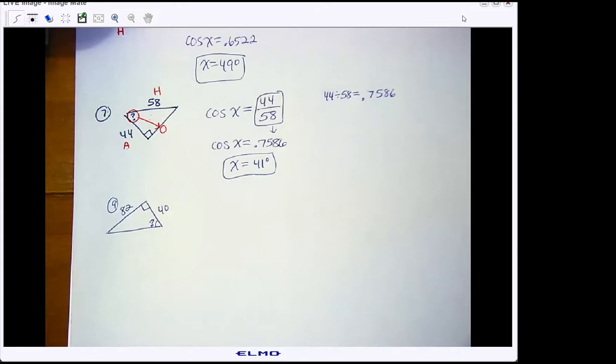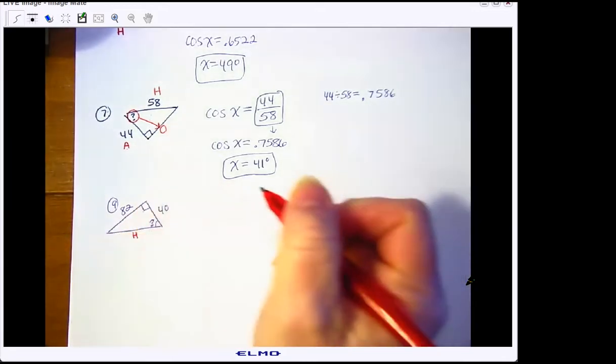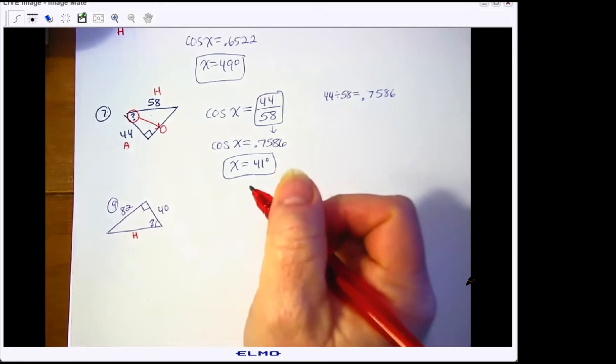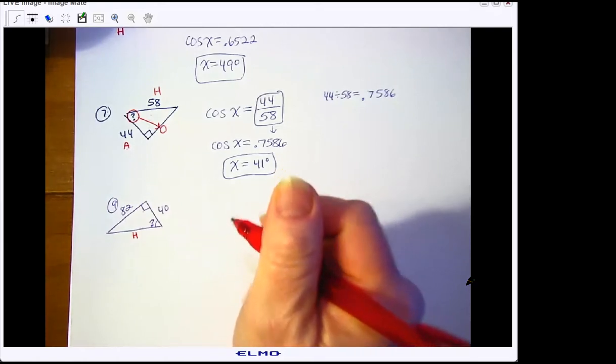Jackie, I know it's a little harder to see because of the way the triangle's sitting, but look at the side that we don't have. We don't have the one opposite the right angle, which is the H. We have no H. When we have no H, we're always going to use tangent.